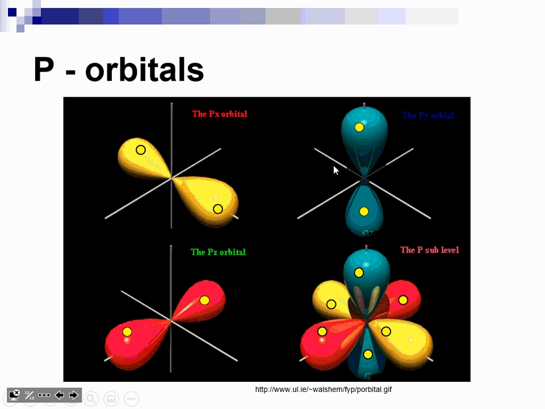Over here is the py orbital. That says py right there. Here's my 2. Here is the pz. There's my 2. And then when I put all of my p's together, I know that the entire p sublevel can hold 6 electrons.